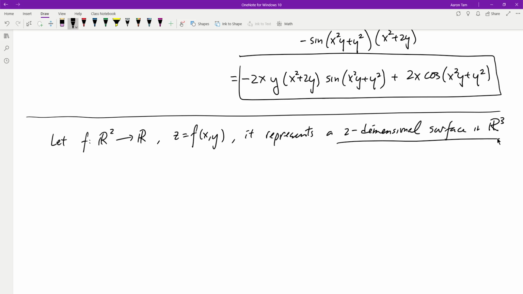This function has two partial derivatives, and they are df over dx and df over dy. Now, if you look at the notation we use for the partial derivative, notice it's almost exactly the same as the derivative that you learned last year.